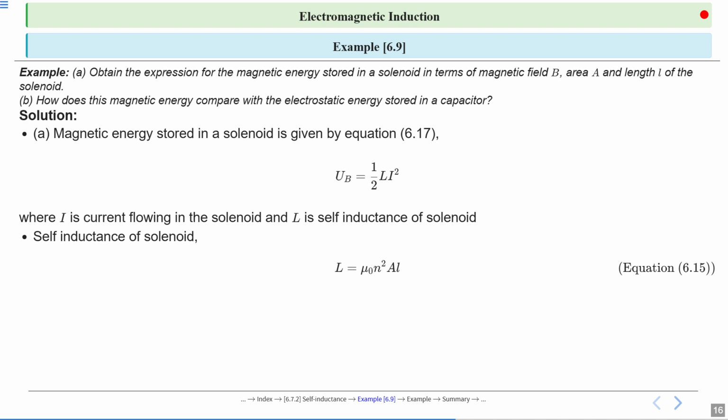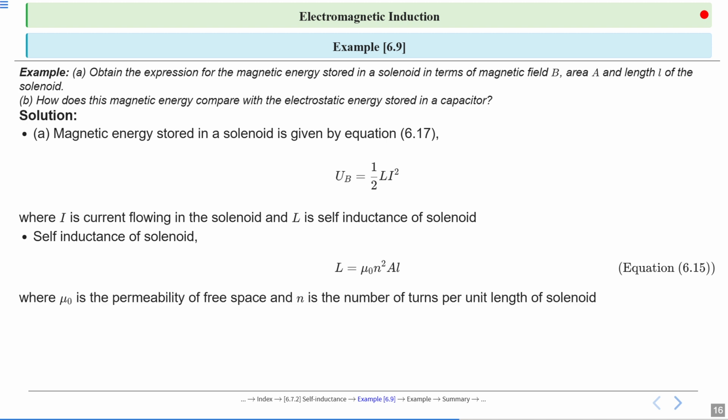We know the expression, that is half Li square, but in terms of magnetic field B, area and length only. We know that the expression for self-inductance is L equal to mu naught N square AL, equation 6.15 of NCERT, where mu naught is the permeability of free space and N is the number of turns per unit length of the solenoid.